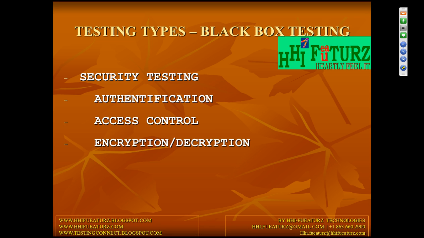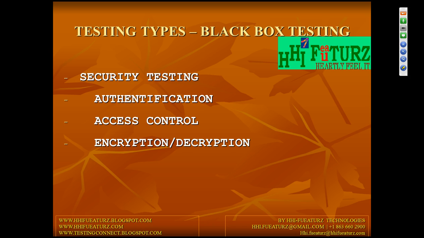Best example, password. Whenever you enter your password, you cannot see it directly, right? It will give you stars. What is that? Encryption. That means they are encrypting it for security purposes.